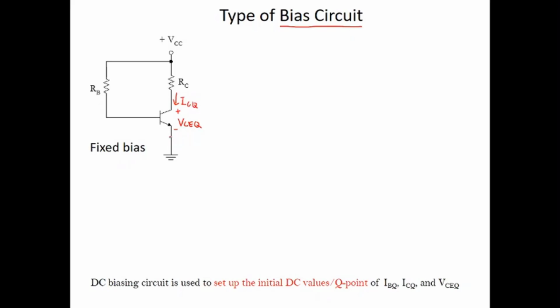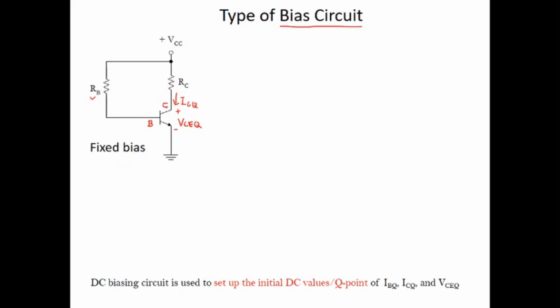There are many types of bias circuit. The simplest one is called fixed bias. Fixed bias is where we add a DC voltage at the base. So this is the base. We add DC voltage VCC, and between the VCC and base we have a current limiter resistor, which we call RB. The emitter is grounded.